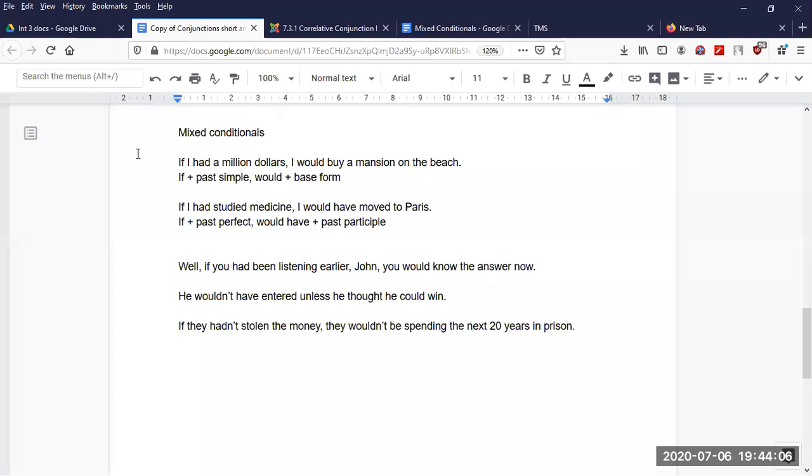So, whereas this talks about an imagined situation now and the imagined result now, and this talks about the imaginary situation in the past and the imaginary result in the past, the mixed conditionals take part of the imaginary situation now and mix it with an imaginary situation in the past. Or an imaginary situation in the past and the result that would be the truth now.